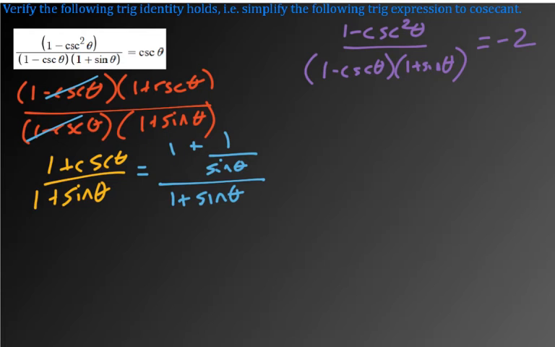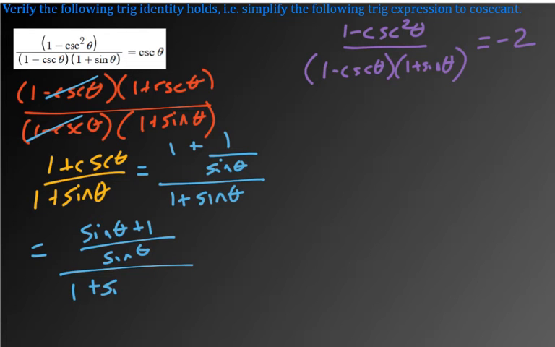So common denominators, you're going to need this to be written as sine theta over sine theta, which is 1, right? And so we'll do sine theta plus 1, then over sine theta.